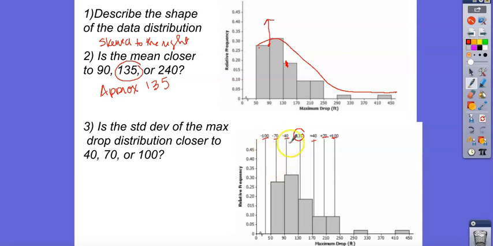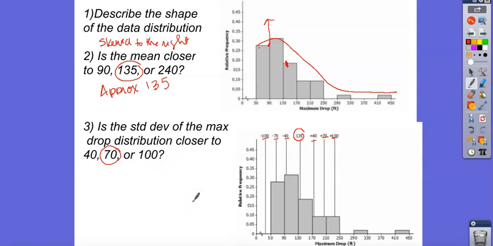I'm not going to pick 40 because that's not a typical distance. That's pretty close. I'm not going to pick 100 because there are not very many that are 100. But if I look at 70, where's 70? I've got this one right there and right there. On this one, I think I'm going to pick 70. It's about in the middle.